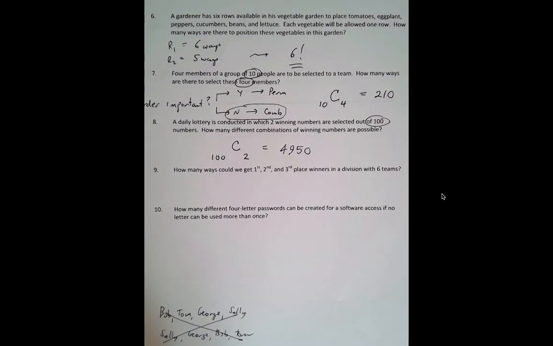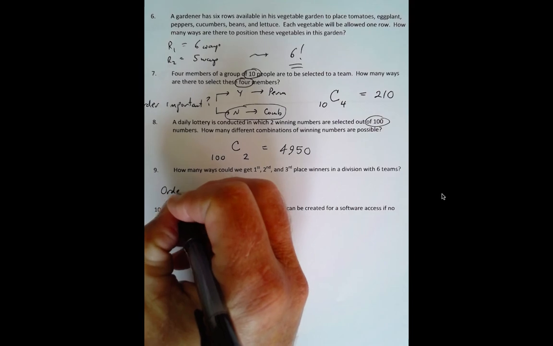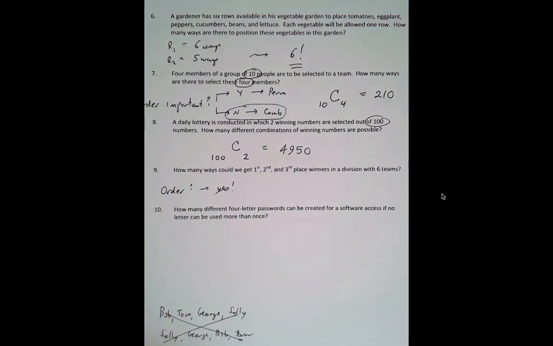Number 9, how many ways could we get first, second, and third place winners in a division with 6 teams? Now, does order matter? Well, obviously it does, because first, second, third is different.